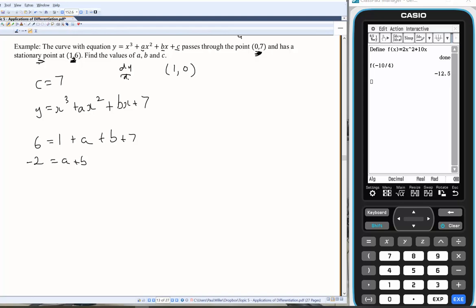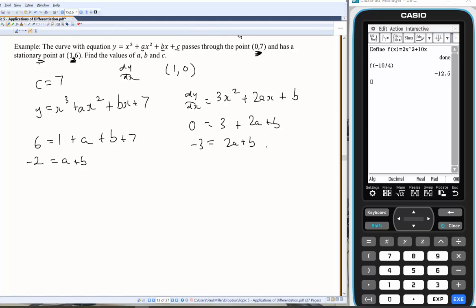So let's get dy/dx. It's going to equal 3x squared plus 2ax plus b. 0 equals 3 plus 2 times 1 is 2a plus b. This is going to be negative 3 equals 2a plus b.